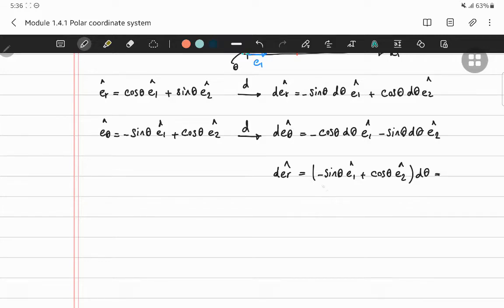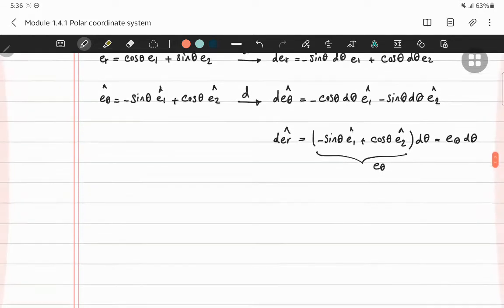And this is nothing but E theta. So this is E theta d theta, or maybe it's better to write it as d theta E theta. And then we have this E theta.